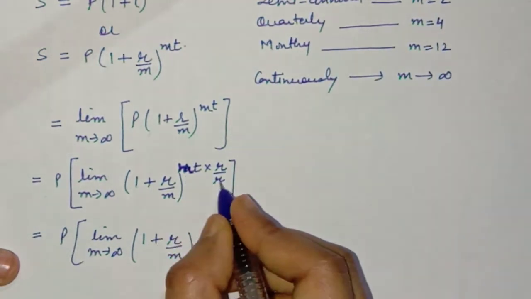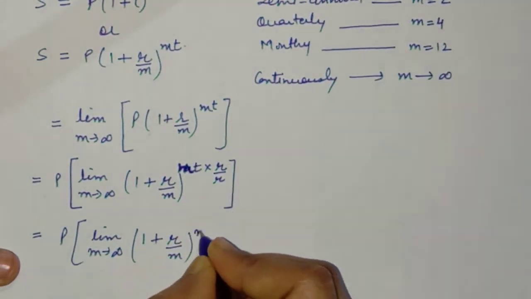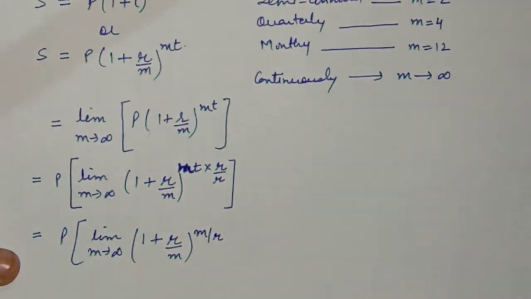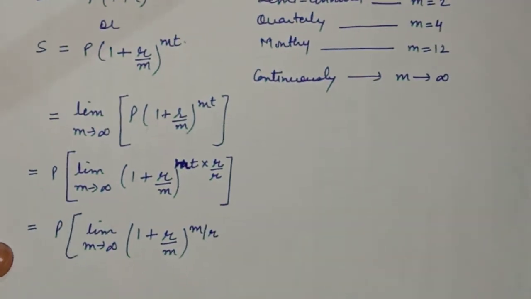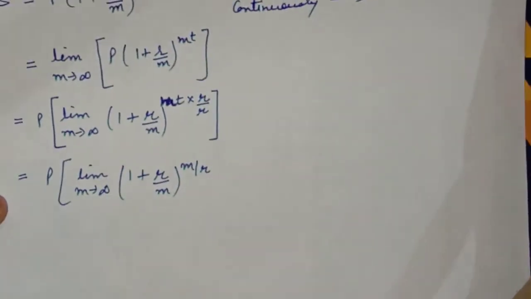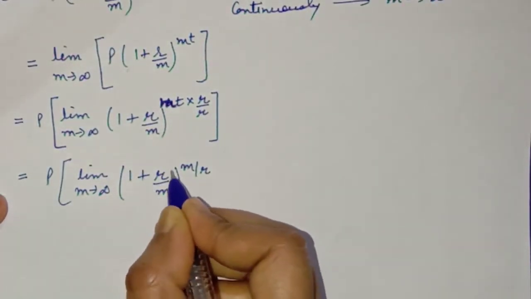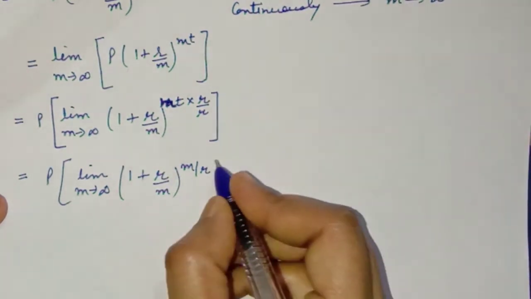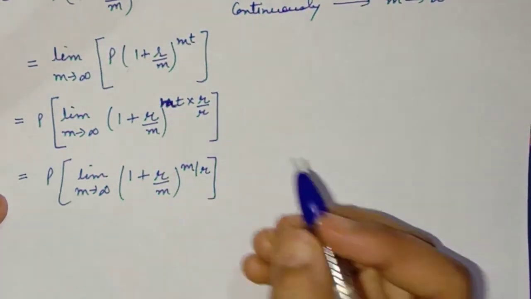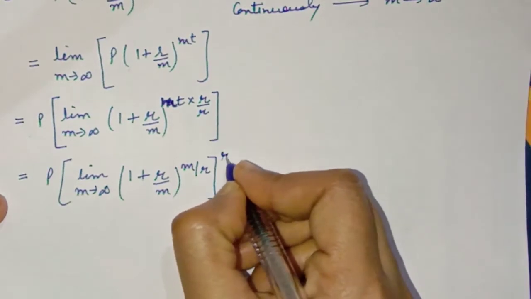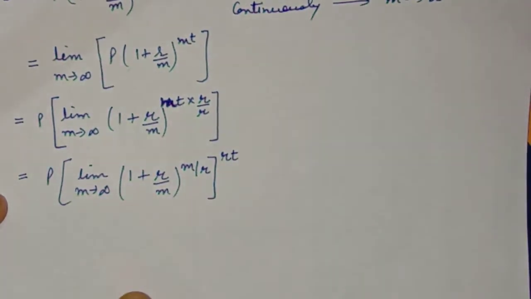This m and r can be combined, that is m upon r, in such a manner that we get the inverse of the same term which we have in the inner part of this bracket, and the other two terms, that is r into t, can be written here.